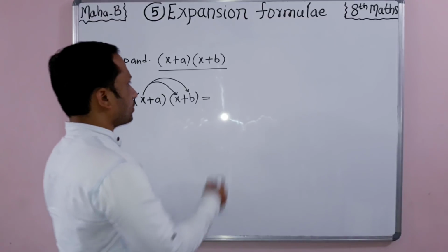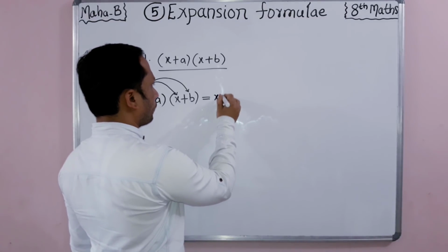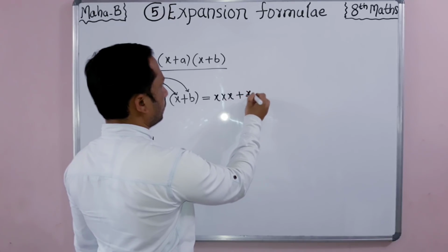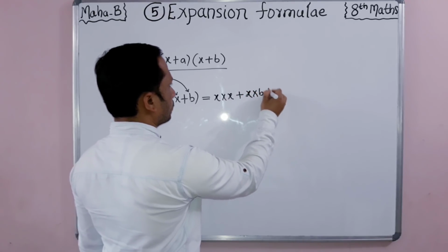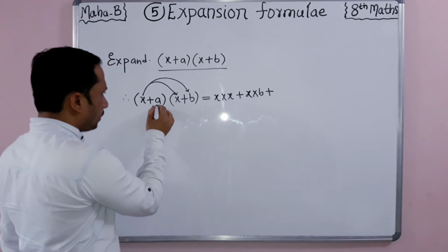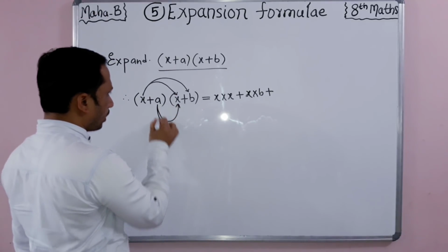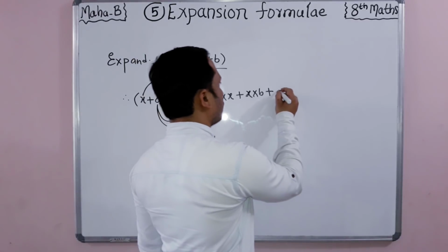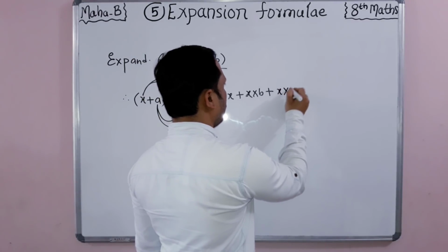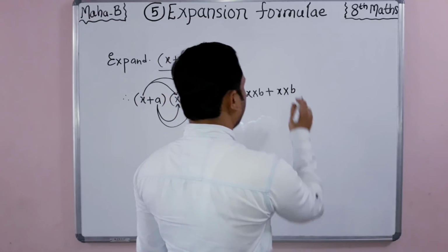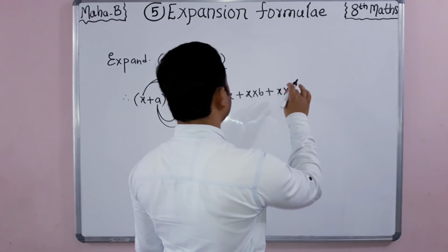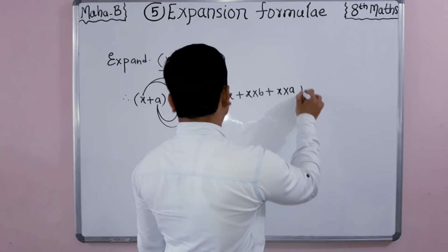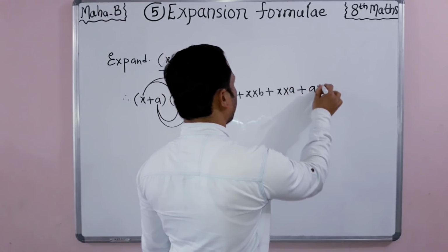So first, x into x, then the sign is plus, then x into b. Second, multiply a into x and a into b. So second is x into a, plus a into b.